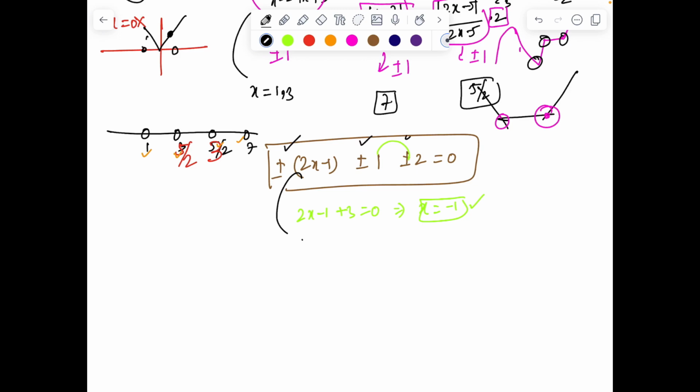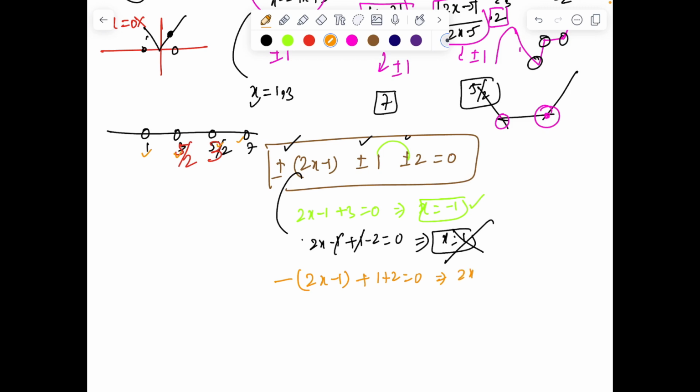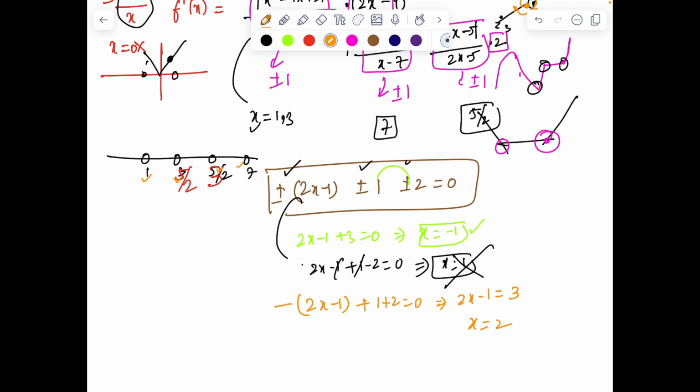Similarly, if I take all the combinations, because we have 2, 2, 2, so 8 possible choices. If I take 2x − 1 and +1 − 2 equals 0, that's going to give me x equals 1, which is already taken care of, so that's not required. And if I take −(2x − 1) and +1 + 2 equals 0, that will give me 2x − 1 equals 3, so x equals 2.